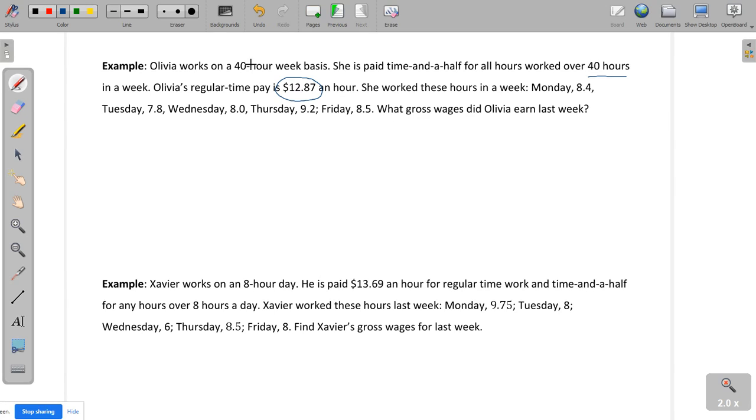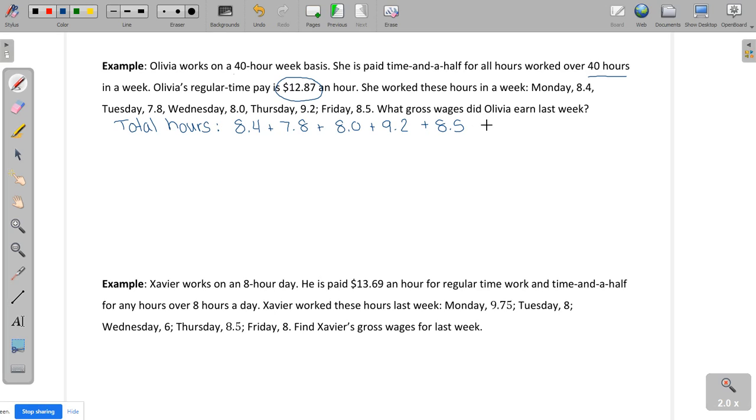So she's paid based off of a 40-hour week. So let's add up all of her hours and see how many hours she worked in total. So the first thing we're going to do is the total hours. So 8.4 plus 7.8 plus 8.0 plus 9.2 plus 8.5.